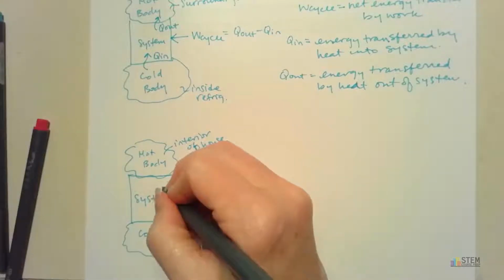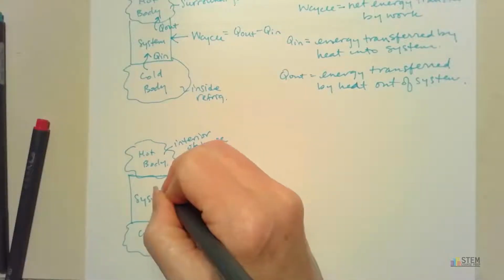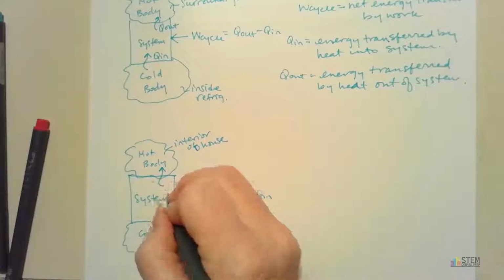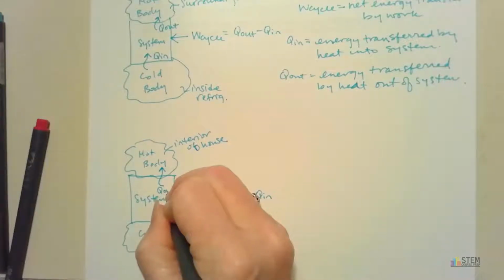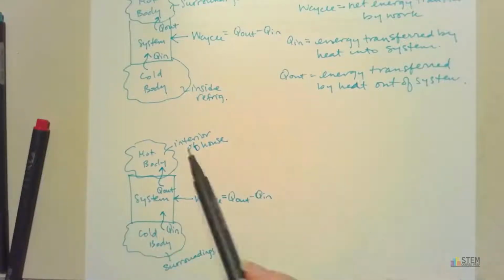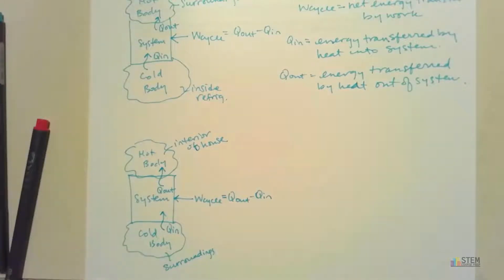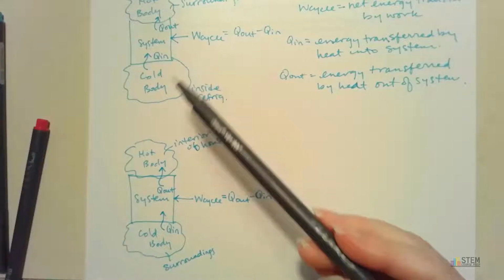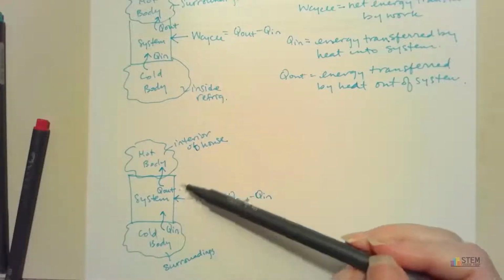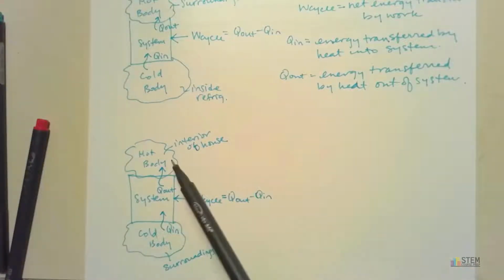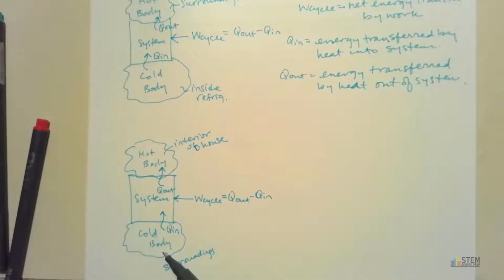And then through this work, we're going to be able to transfer energy as heat into the hot body, which in this case, think of that being the interior of a house. So this Q out can be used to warm the interior of the house. Okay. So the difference between the refrigeration cycle and the heat pump cycle is basically what the hot body is and what the cold body is, right?